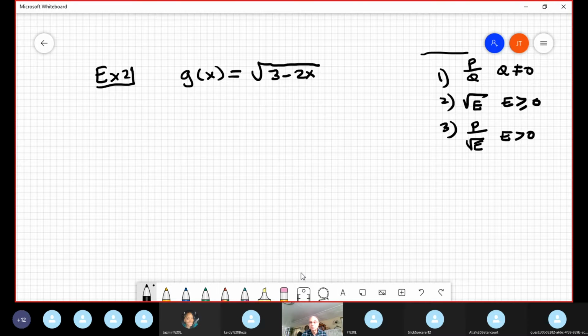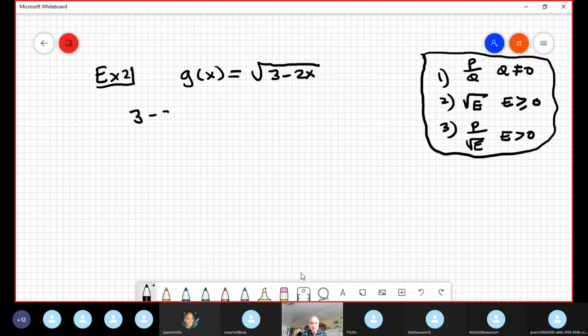Keep in mind this idea. In this case, number 2 matches perfectly, in my opinion. Because it's a radical, you take the expression inside without the radical, the radical is gone, and you enforce it to be non-negative. And you solve this elementary inequality.